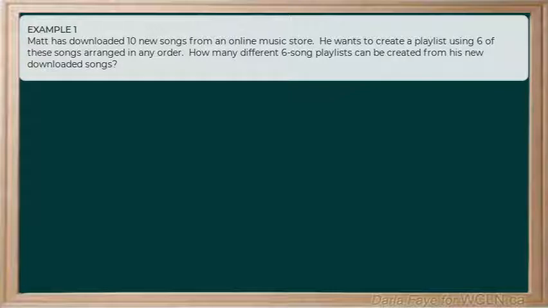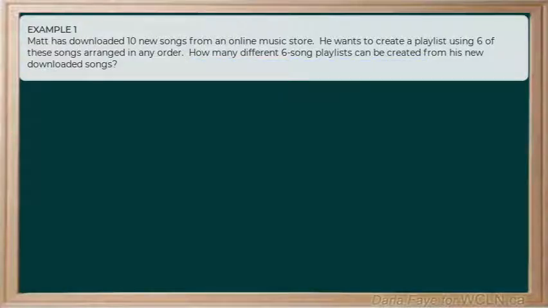It says, Matt has downloaded 10 new songs from an online music store, and he wants to create a playlist using 6 of those songs, and they can be arranged in any order. Now, the question says, how many different 6-song playlists can be created from these newly downloaded songs?